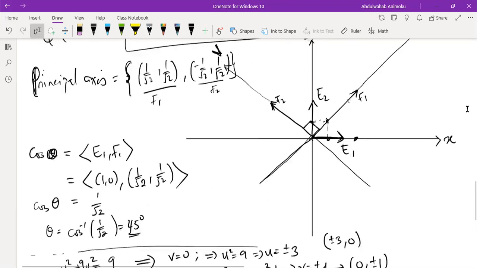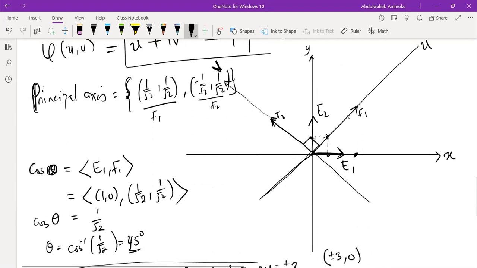Now let's go back to the function and signify that. So we know that what? When v is 0, the function passes through 3 and what? Minus 3. When u is 0, this function passes through 1 and what? Minus 1, as you can see on the v axis. So therefore, this is actually the equation of an ellipse.